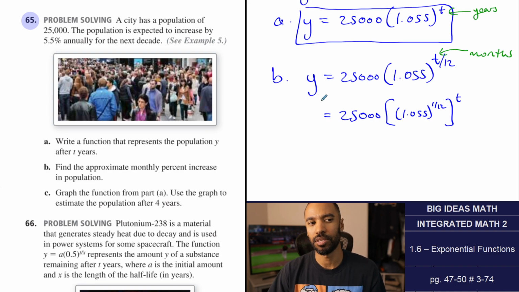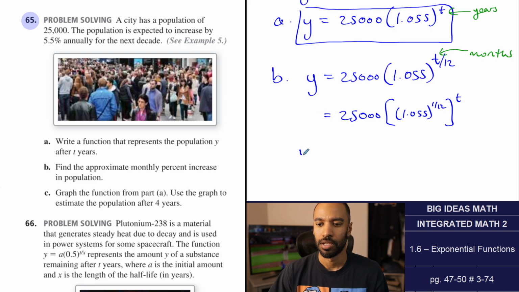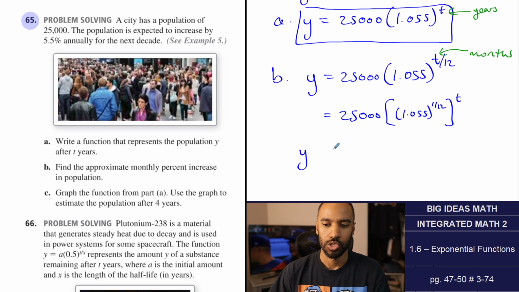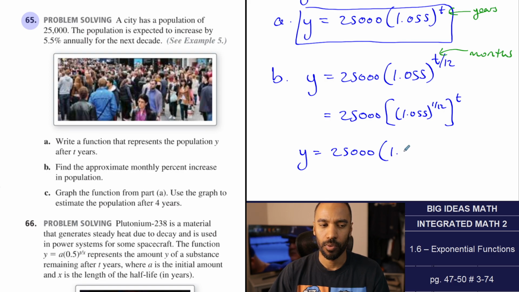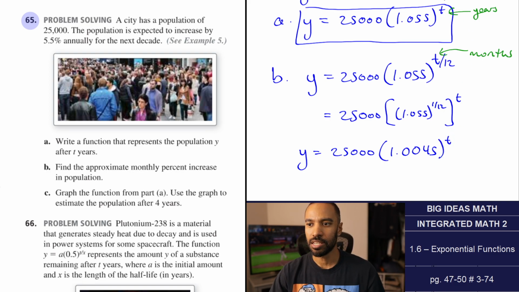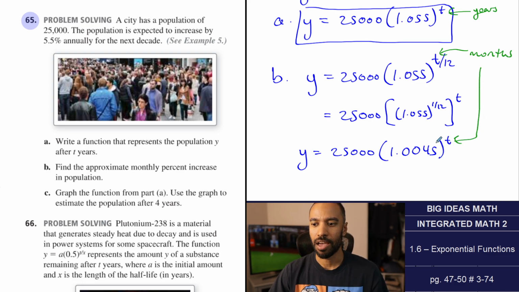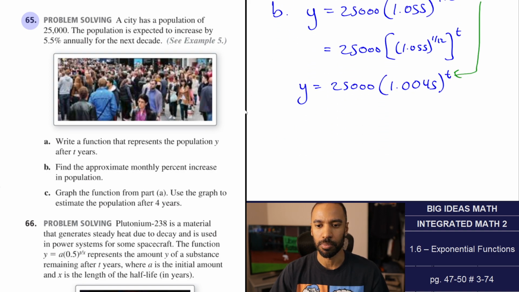I'm going to put 1.0045. So 25,000 times 1.0045 to the t power. Remember, t isn't in years anymore. It's in months. So every month, it's increasing a certain percent. How much? 0.45%. Find the approximate monthly percent.